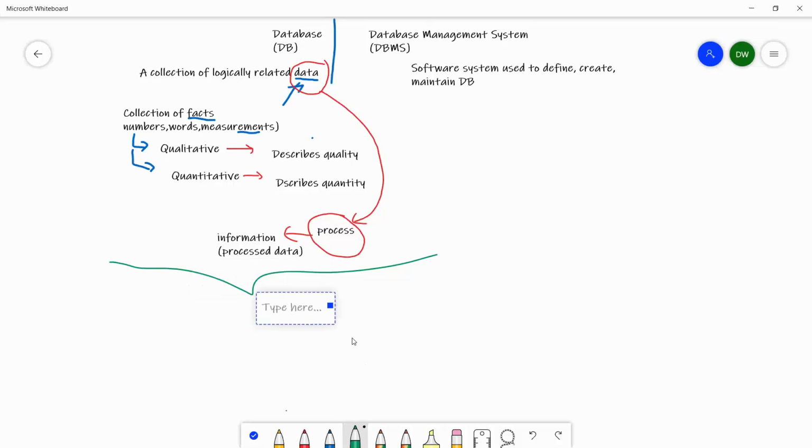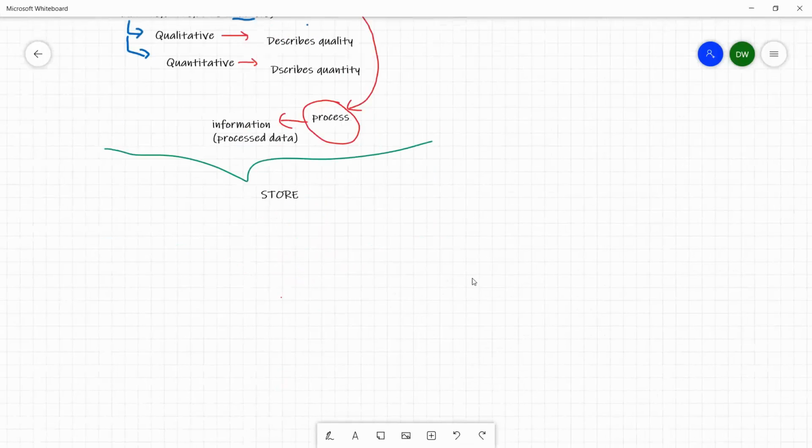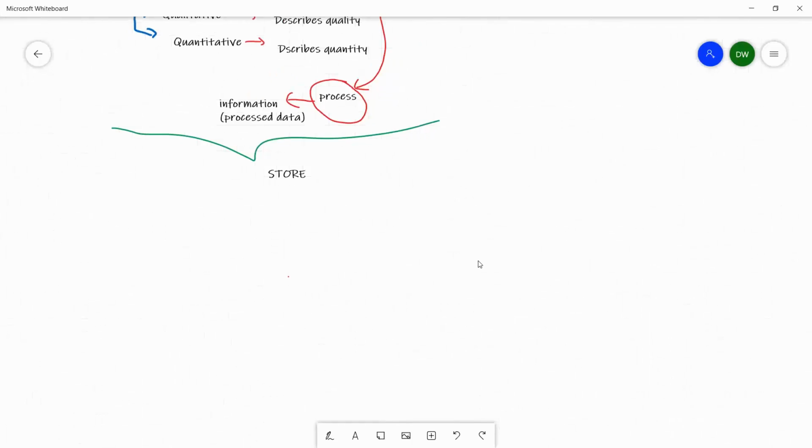The important part comes here: store. So we have data, and to take all those necessary decisions and to protect those data, we usually store this data. And another important thing we have to think of is, how do we store this data, right?